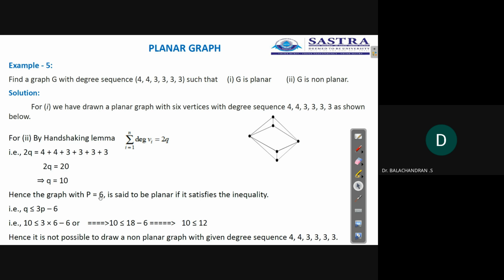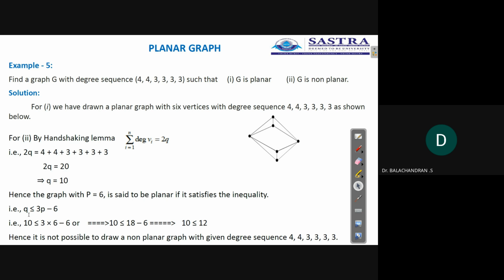Suppose the graph is planar, then it should satisfy the inequality: q less than or equal to 3p minus 6, that is, E less than or equal to 3n minus 6.